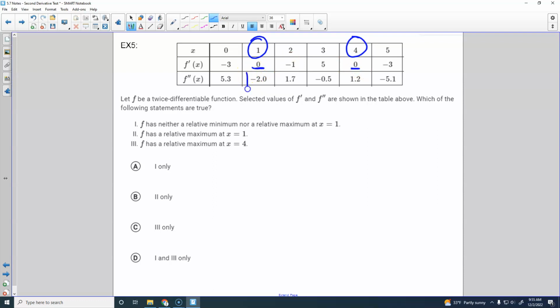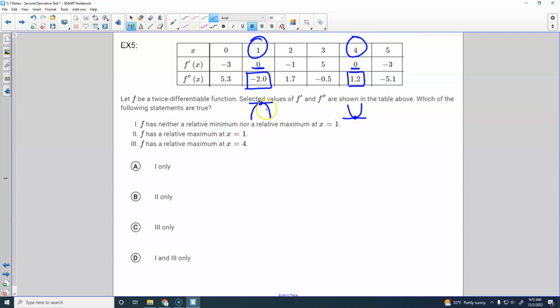So if we look at the second derivative here, I have a negative, which tells me that this is going to be concave down. So what do I have at 1? A maximum. All right. At 4, this is a critical point. I have a positive for my second derivative, which tells me that this is concave up. And so I have a minimum.